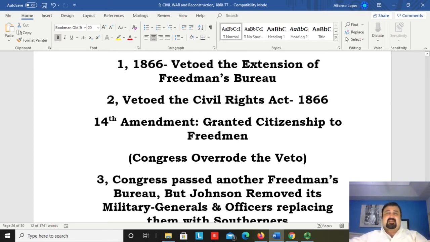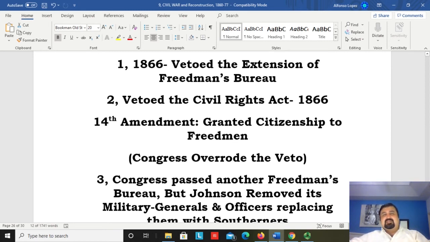They extended the lifetime of the Bureau for another year, but Johnson vetoed the extension, saying, well, it's taking too much resources. This institution is not really doing its job, etc. He just went ahead and vetoed the Freedmen's Bureau. Okay, there's no logical argument. The Bureau was actually needed in the South, to protect the freed population.